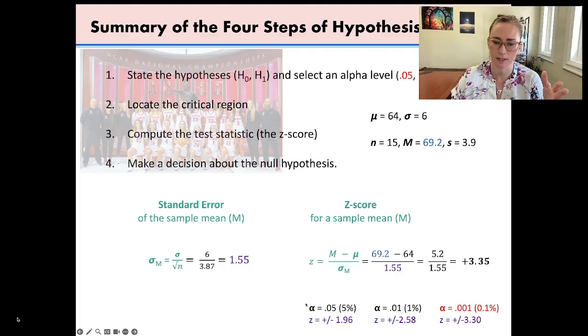If we set this criterion at the beginning, I set a criterion of 5%, my z-score is 1.96, so I'm definitely above that. In fact, I'm even in the more stringent zone of 0.1%, so it's very statistically significant. The UTampa female basketball players are very, very tall compared to the average woman.